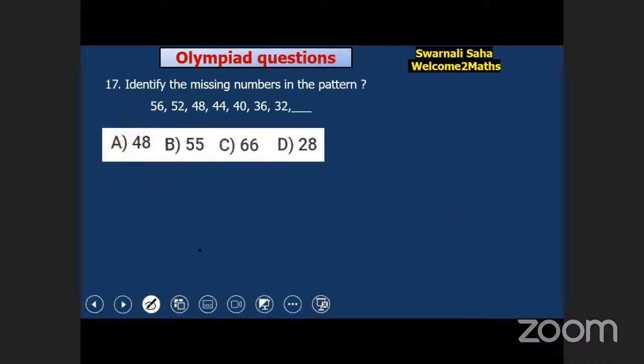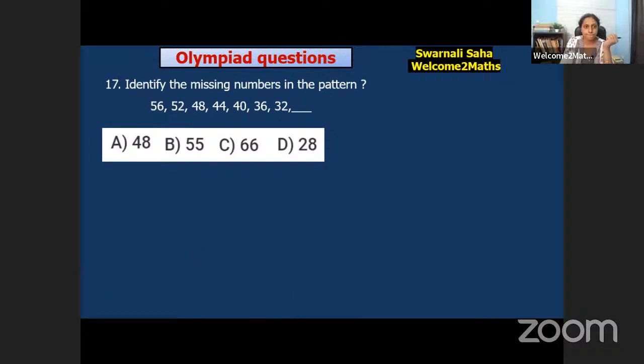One more question. Identify the numbers in the pattern. It's a little bit hard. Let's see who can solve this. The options are 48, 55, 66 and 28.